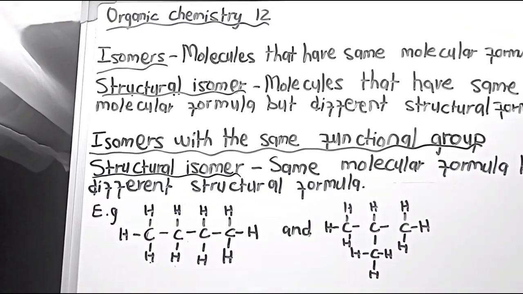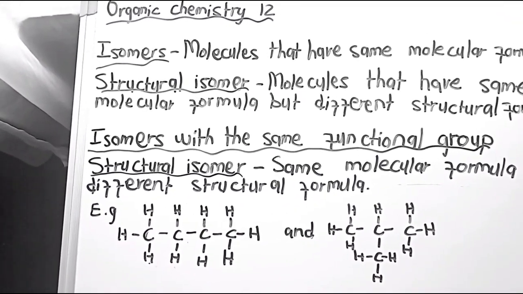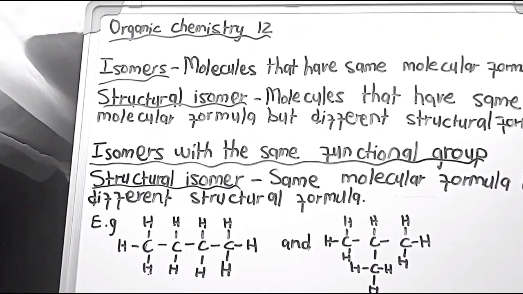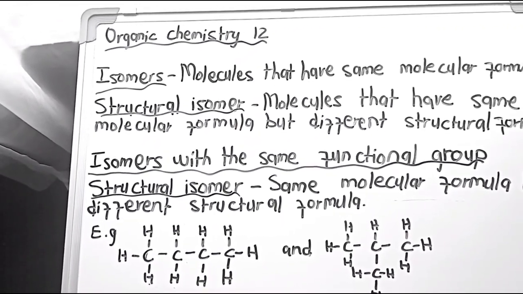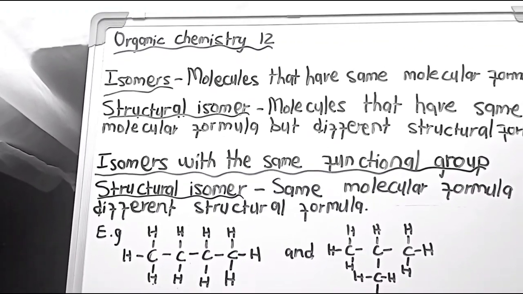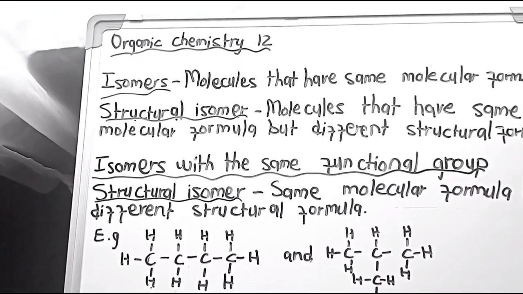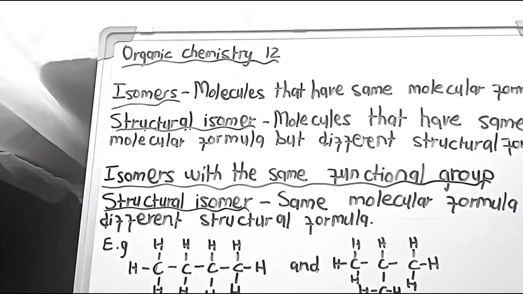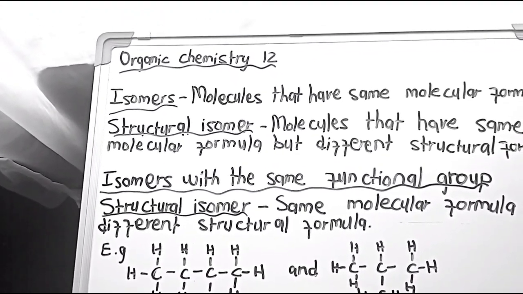Moving forward, we have isomers with the same functional group. Please note, do not confuse the words functional group and functional isomer. Those are not the same words, and they have different definitions.